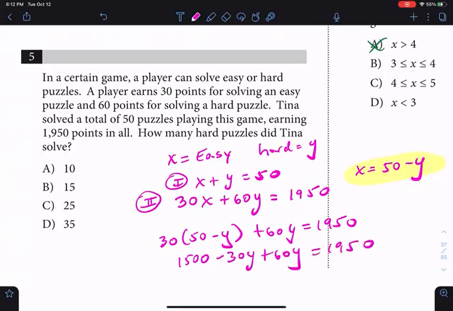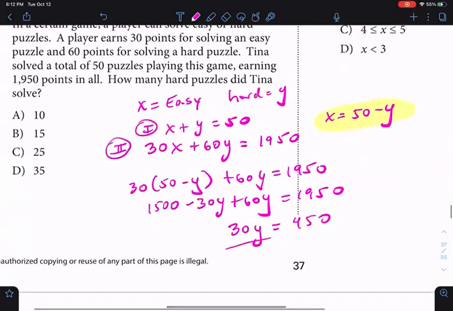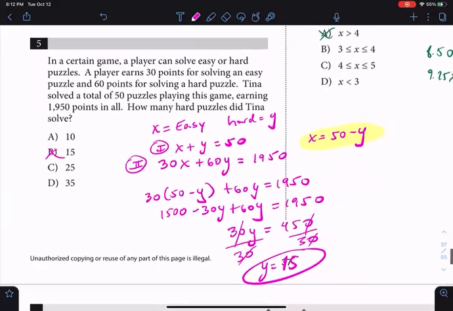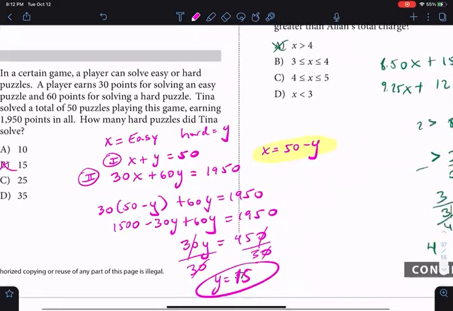You subtract 1500 on both sides, combine like terms. This is 30Y, this is going to be 450, divide by 30, right? And you get Y equals 15, that's the answer. So 15 is the hard puzzles, right? Okay, that's it. Next.